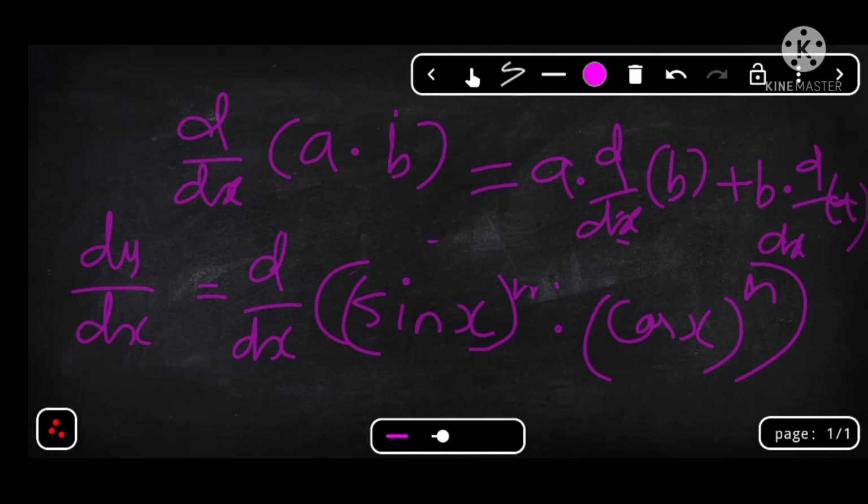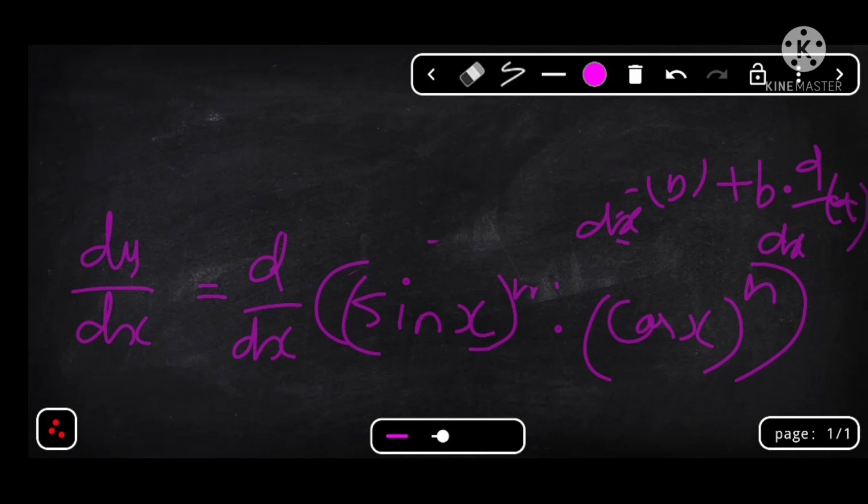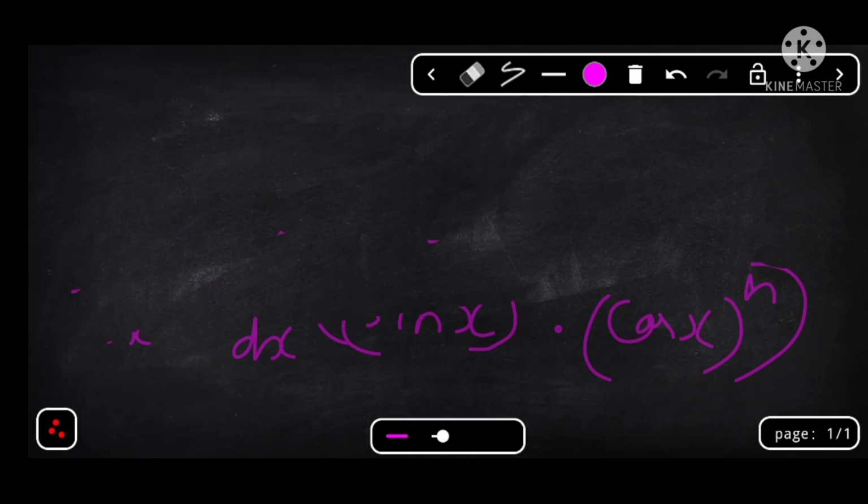So this is how we'll solve this problem. I hope you wrote this formula. So according to that, we are going to solve it.